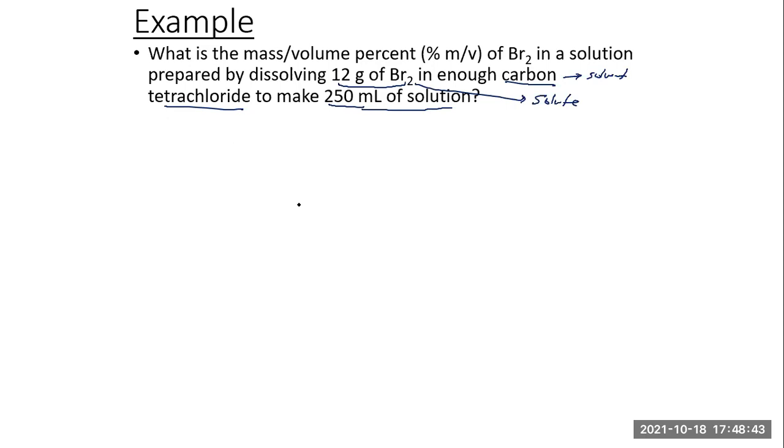So this is percent mass to volume. And that is the mass of the solute, which is 12, divided by the volume of solution, which is 250 milliliters, times 100% in this case. And we end up with 12 divided by 250 times 100. We end up with 4.8%.